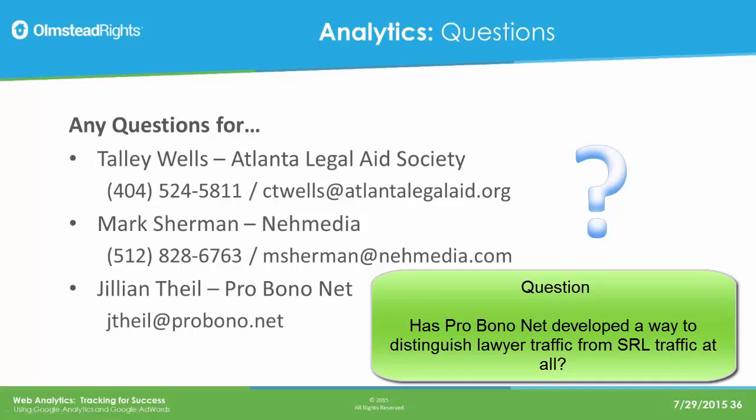You can make that one segment, and then say whoever looked at your state resources section is a different segment, and you can compare those. That's a really great way to tell the difference in lawyer traffic. You can also set up multiple profiles within Google Analytics, one that only tracks those people that hit your lawyer resources pages and another for those that hit the state advocacy resource pages.